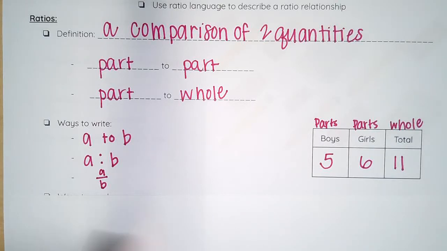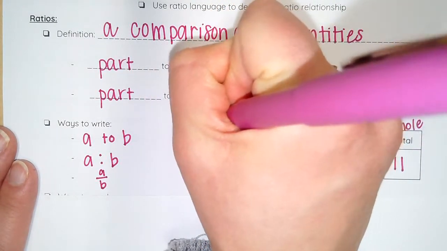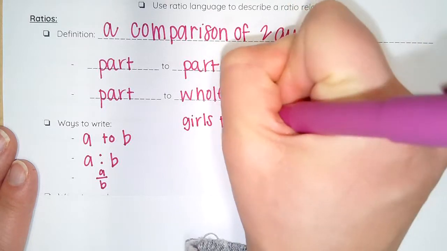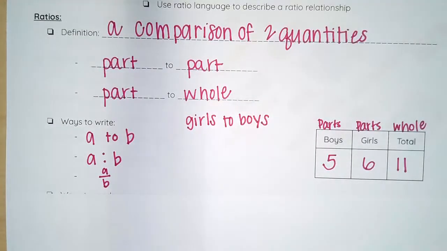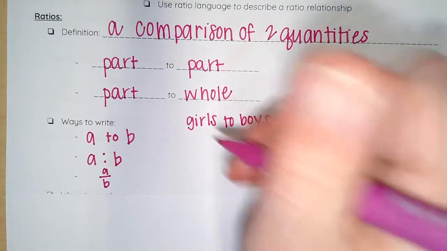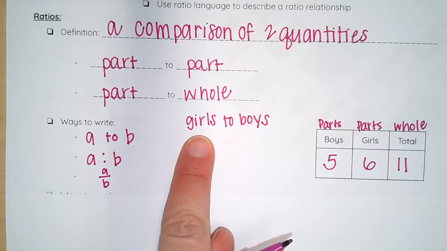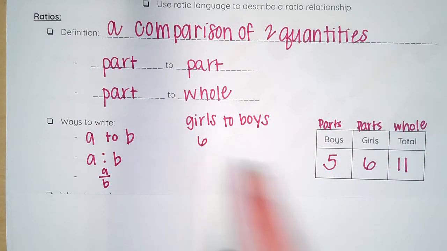So let's pretend that we are going to do girls to boys. We have 6 girls, so girls would have to come first. Whatever comes first in our order is what we need to write first.